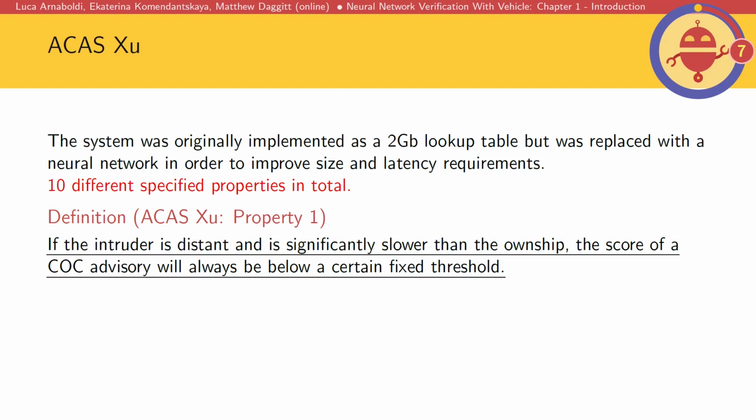So as an example, if the intruder is distant and is significantly slower than the own ship, the score of clear of conflict advisory will always be below a certain fixed threshold. So if the speed is fine and distance fine, please don't bother the system with false alarms.